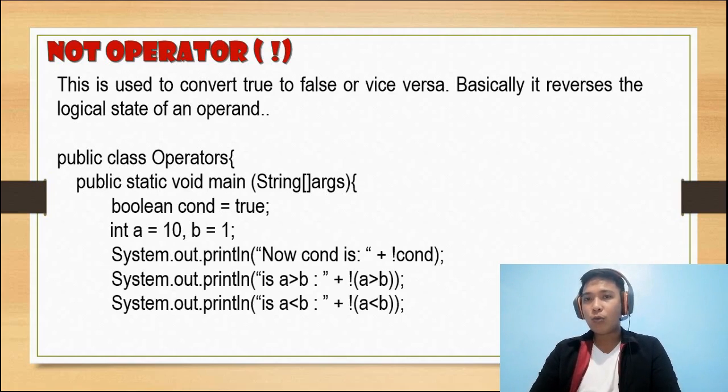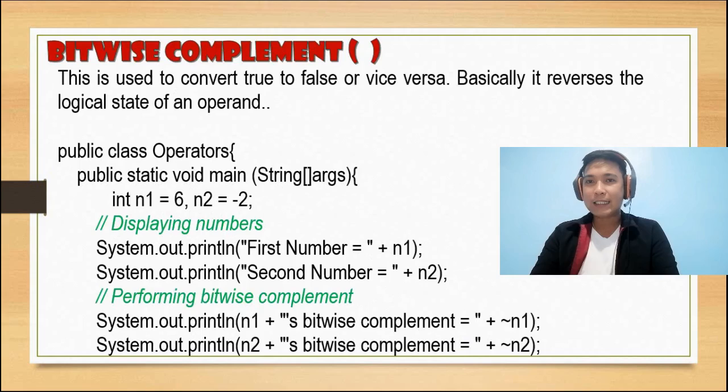Next is the bitwise complement, or the sign of the tilde. So what does it mean? From the term itself, bitwise, we are referring to the bits of a number. Say for example we have 8 bits in a number, which is 1, 2, 4, 8, 16, 32, 64, and 128.